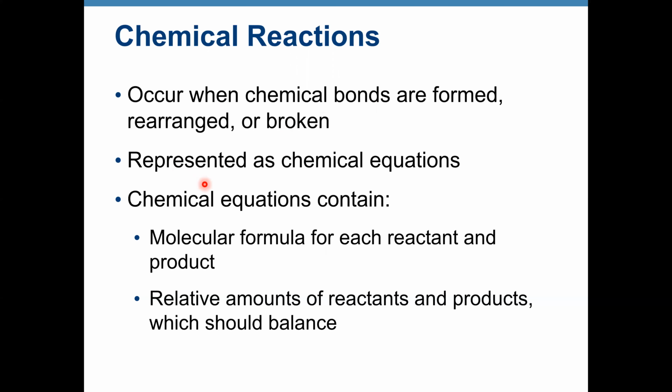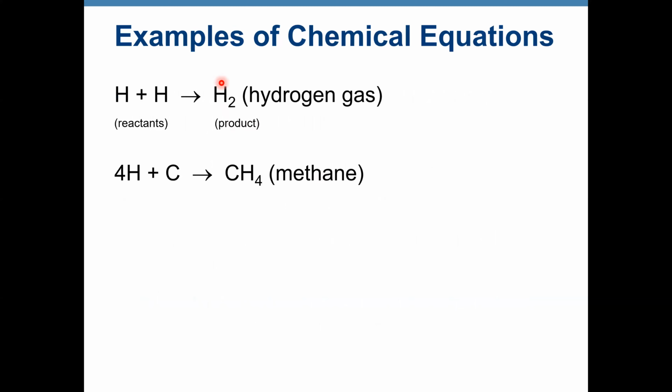And chemical reactions are represented as chemical equations. Chemical equations contain the molecular formula for each reactant and product, and the relative amounts of reactants and products, which need to be balanced. So over here, we can see two examples of chemical equations. We have the chemical formula for reactants and for the product.